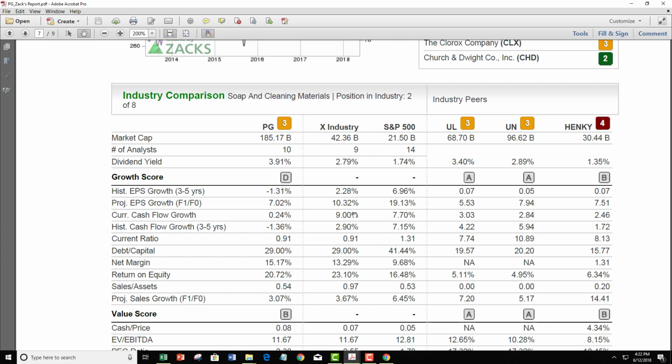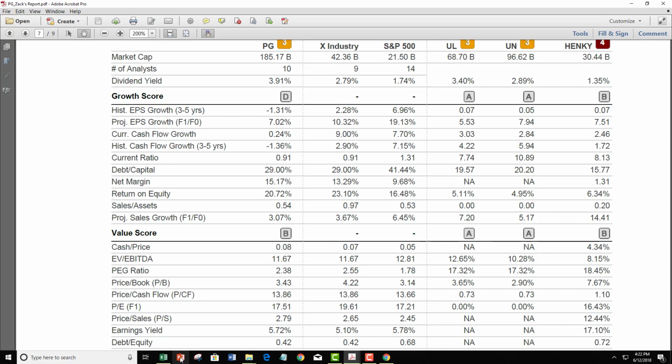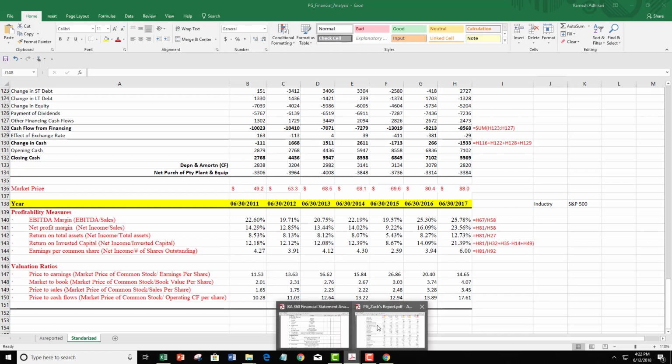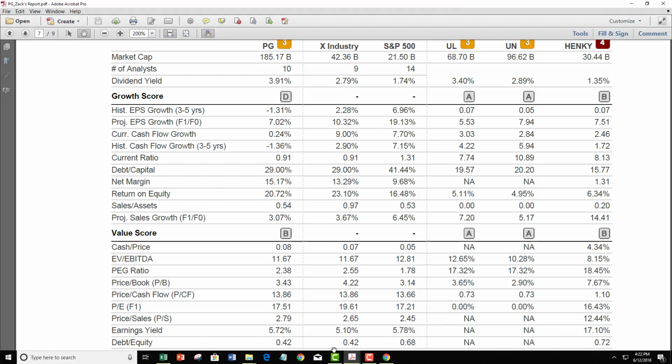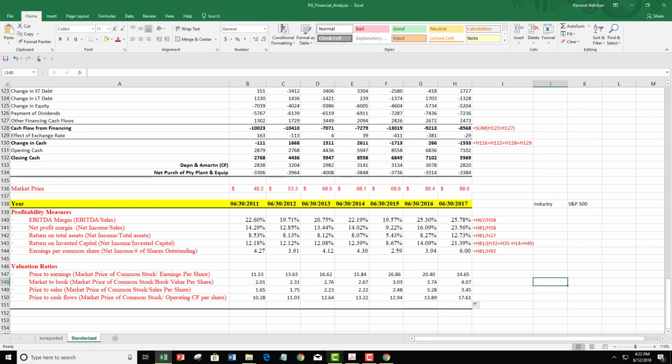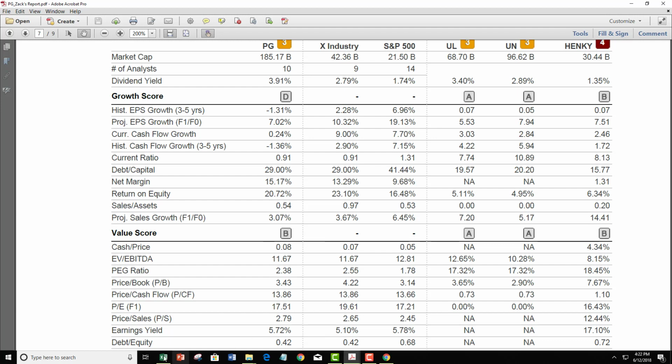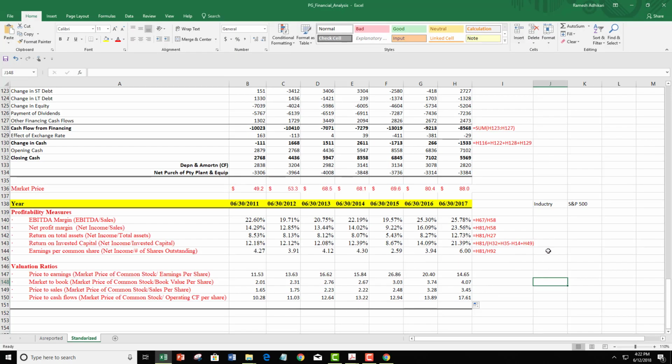You can copy some of the ratios available in this report and put them next to your Excel file, and then when you are writing a report, you can compare all the ratios you have computed and interpret how the company is doing. But one thing I want to make clear is that not all of these ratios can be found in the Zacks report. Only the ones you can find, you can put next to your ratios and compare how your company is doing.